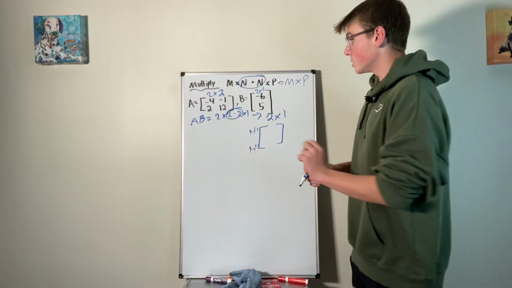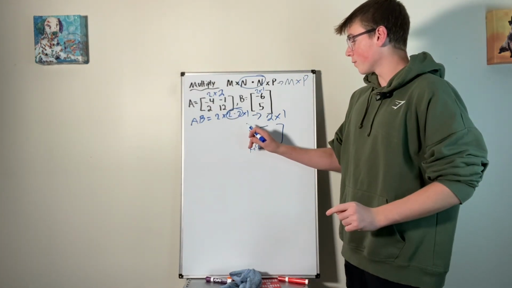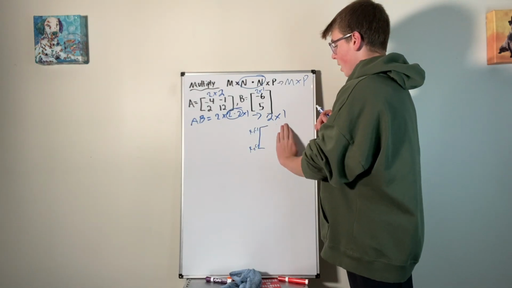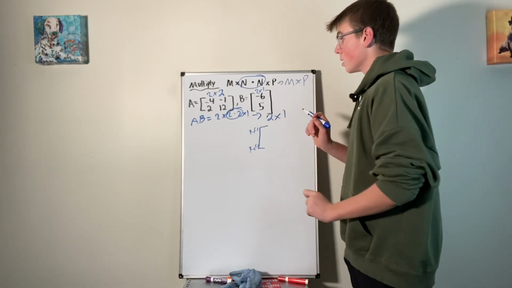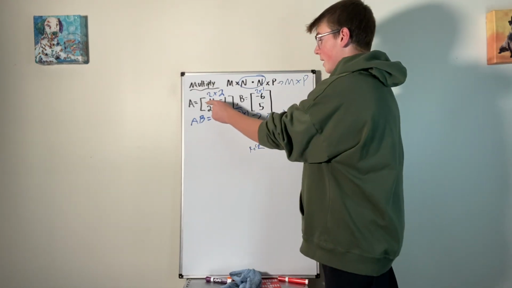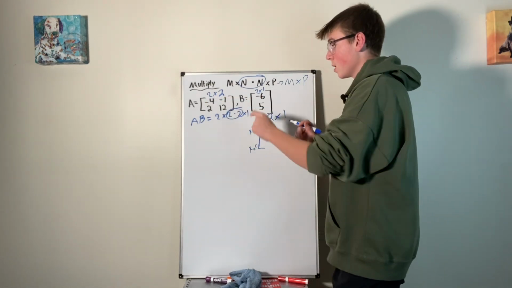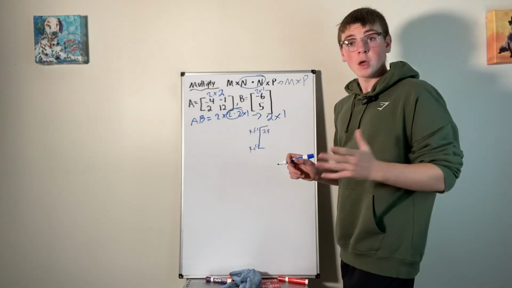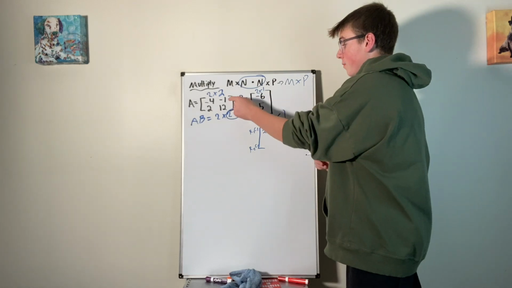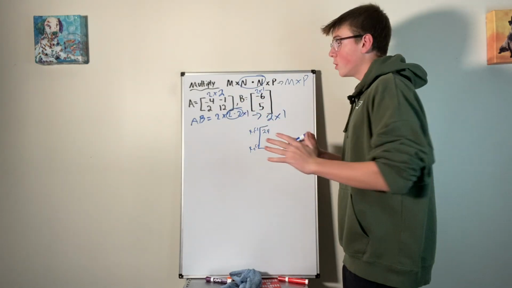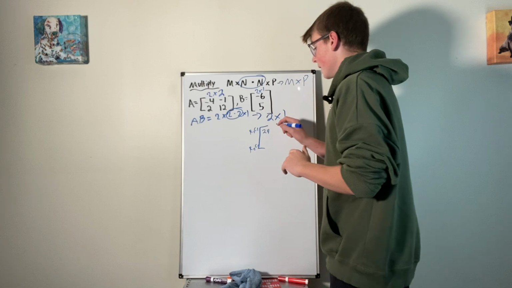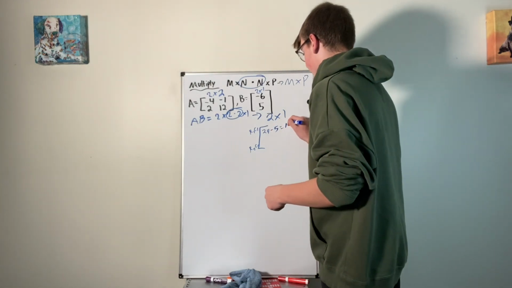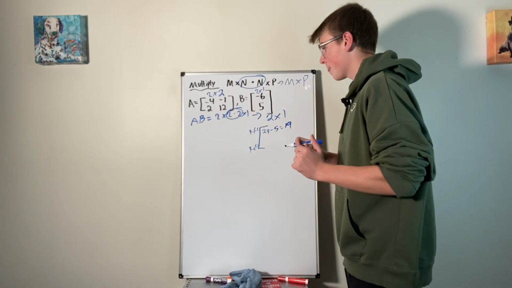Now you go to A and multiply all of row 1 times column 1 of B. Row 1: negative 4 times negative 6 is 24. Then you scoot over one: negative 1 times 5 is negative 5. You add those together, and we will get 19.